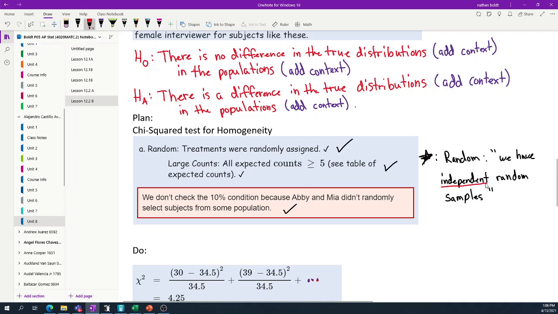Because we have multiple samples, they have to be independent of one another. If you'll remember, we had to add that word independent when we did all the 2 sample tests for a Z interval or a Z test or a T interval or a T test. All of those we had to have independent random samples because we had multiple samples. Same thing here, we have multiple samples, therefore they must be independent. That wasn't necessary in this case, though, because we didn't take samples. It was an experiment. We randomly assigned. But still, we've done that before. Hopefully, that sounds right.